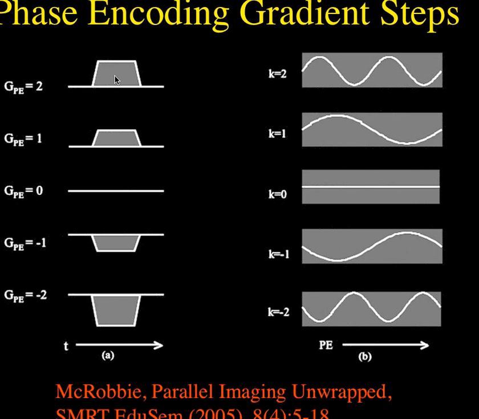The first time it'll be full strength, then it'll be the full strength decreased a little bit. And then you'll keep doing that until you get halfway through, in which case you'll have no gradient at all. And then as you keep going, you'll start putting negative gradients and you'll step through negative gradients, is typically the way they do it. And so you'll end up with 256 independent gradients.